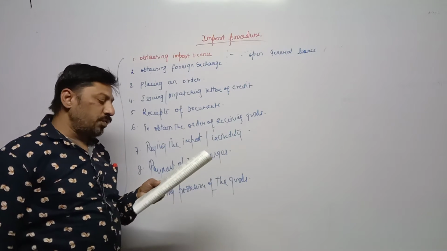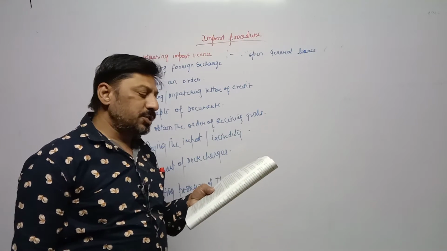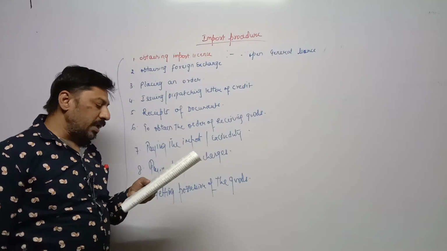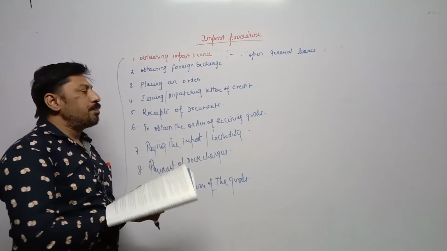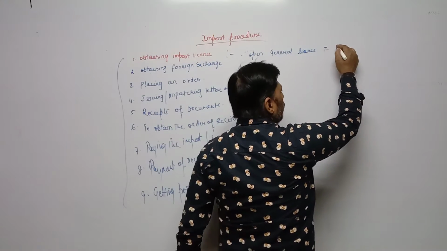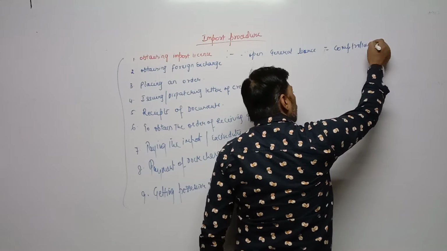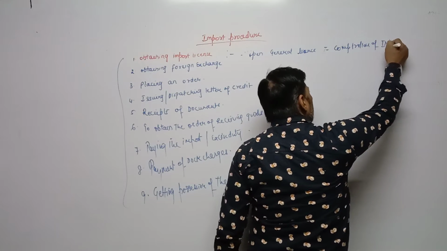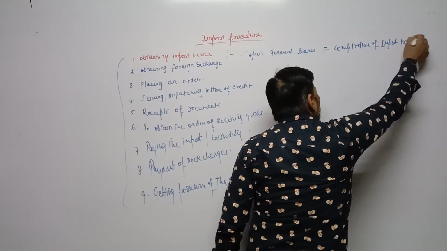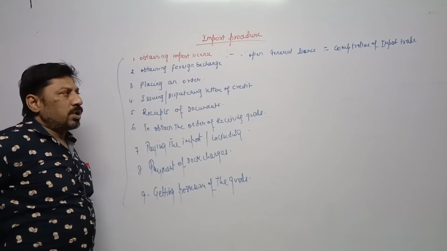But if the importer wants to import the goods excluded from the list, means which are not mentioned in the list of government, then he has to apply to Comptroller of Import Trade. We can say that a special license is needed from Comptroller of Import Trade.